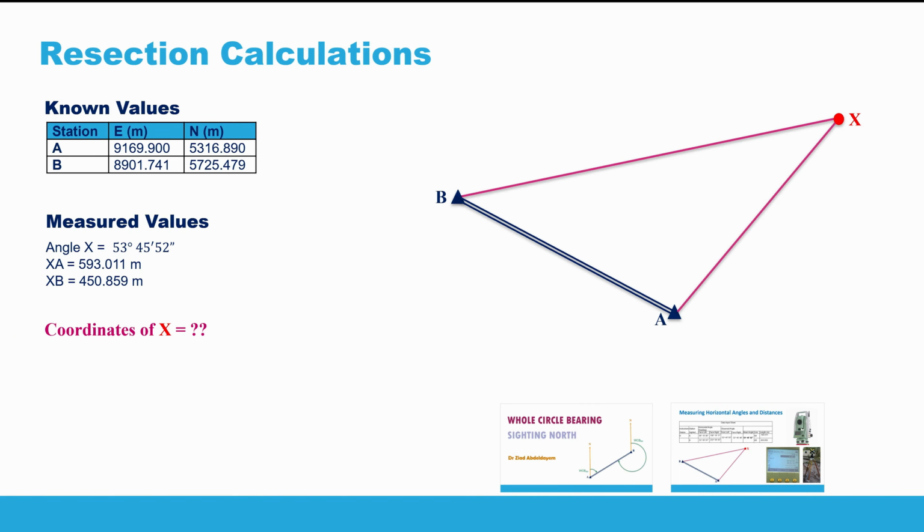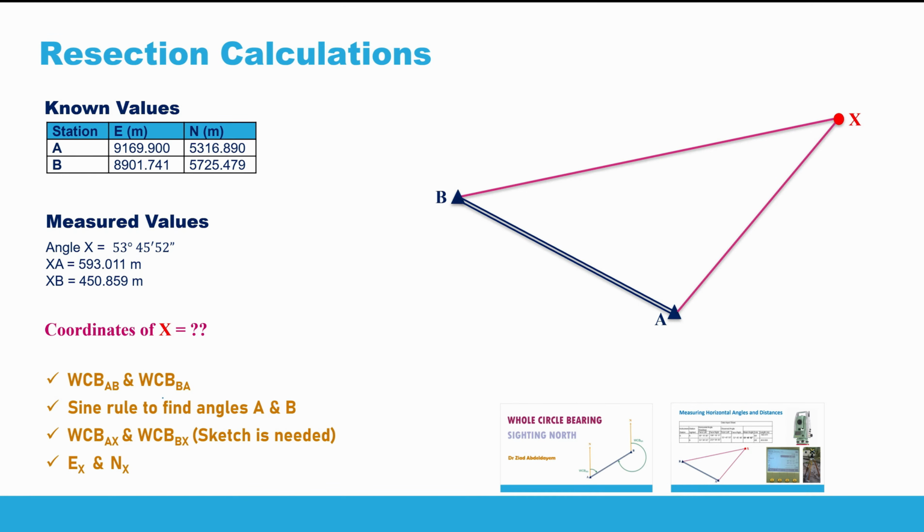I summarized the procedure for doing the resection calculations in 4 main stages. First, you need to calculate the whole circle bearing of AB and the whole circle bearing of BA. And then you are going to use the sine rule to calculate angles A and B. And then you need to calculate the whole circle bearing of AX and BX.